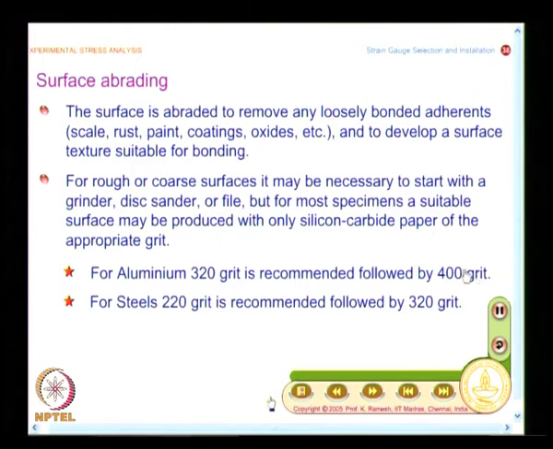And if you look at it, 400 grit will be much finer than 320 grit. That is how these are numbered. On the other hand, if you go to steels, you should start with a 220 grit followed by a 320 grit.